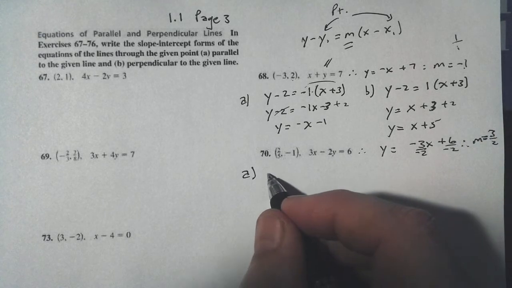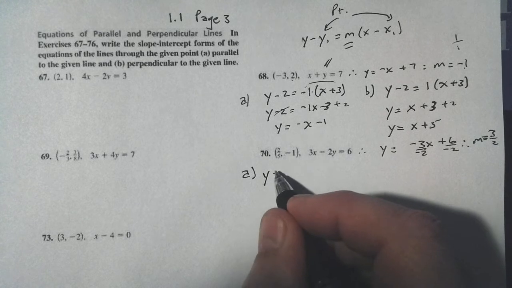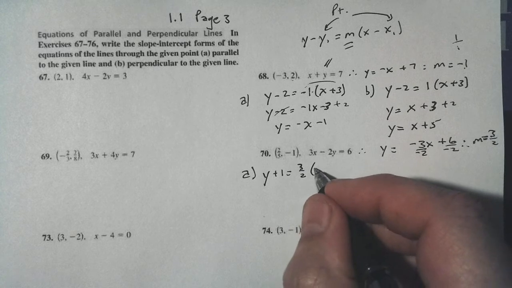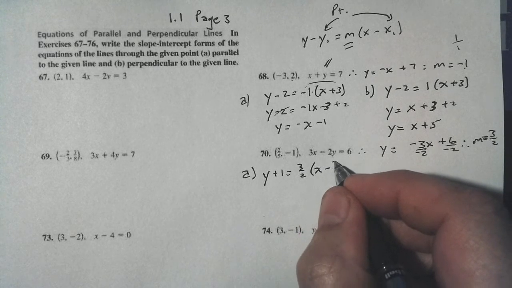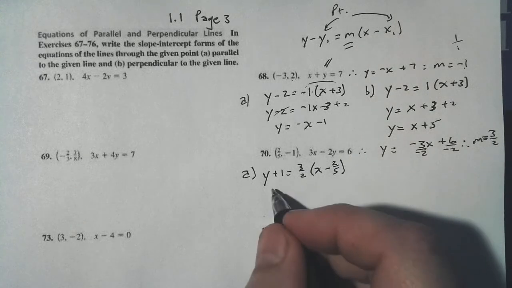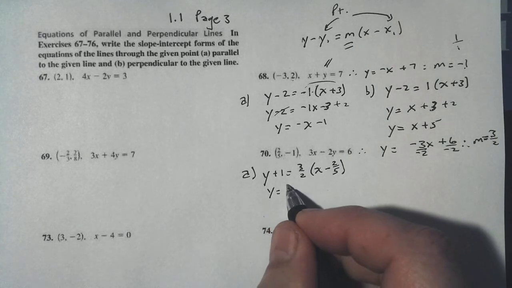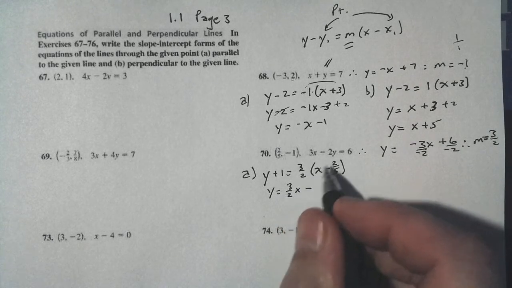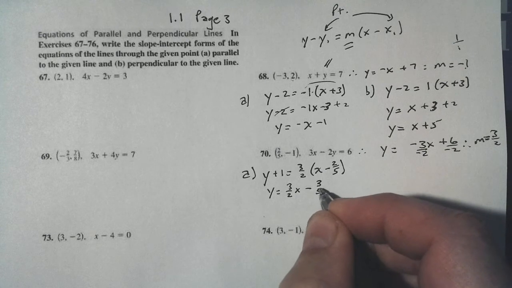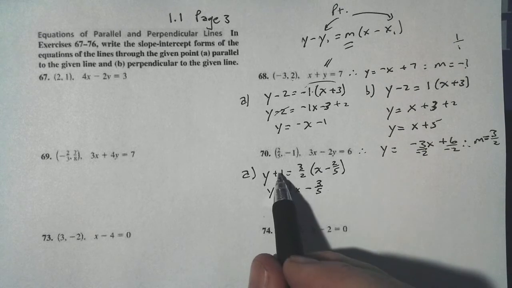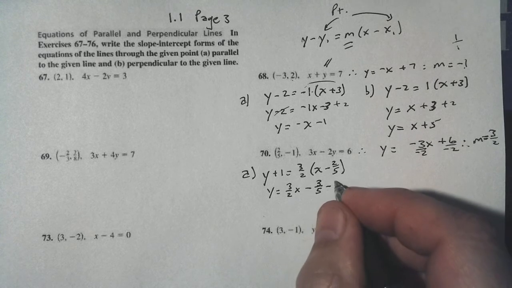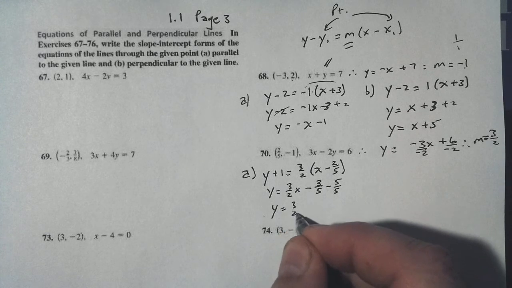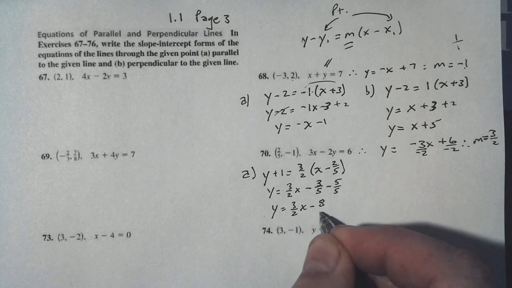So for parallel, I want y minus the y coordinate, y plus 1, equals 3/2 times x minus 2/5. That's y equals, distribute, 3/2 x, minus times minus, the minus signs cancel, 3/5, and what's left? I need to subtract 1, that would be -1 minus 5/5, so y equals 3/2 x minus 8/5.